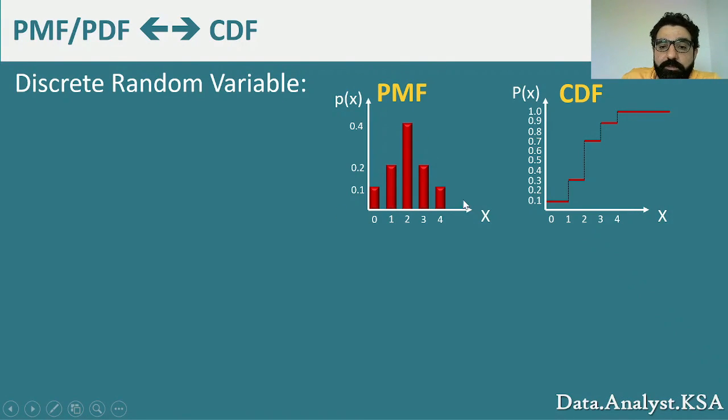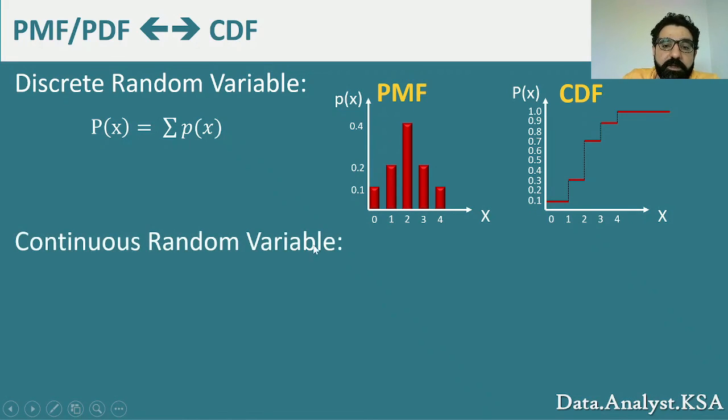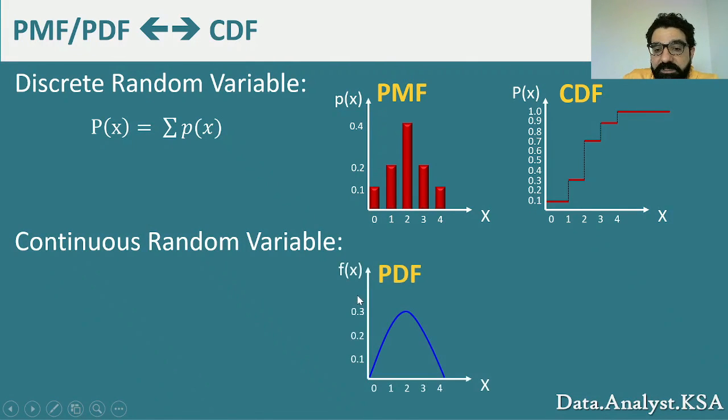It's 1, because all my numbers are either 0, 1, 2, 3 or 4. So how did we move from this small p of x to the big P of x? Basically we summed. To move from the PMF to the CDF, you sum the PMF and you get the representation of the CDF.